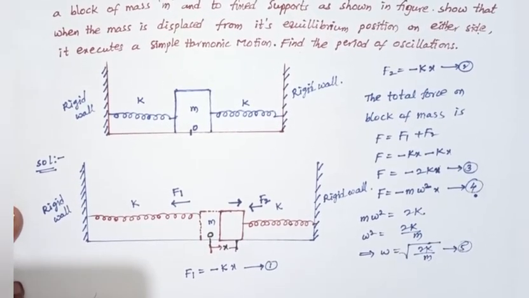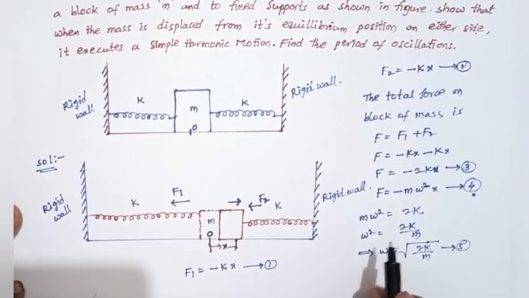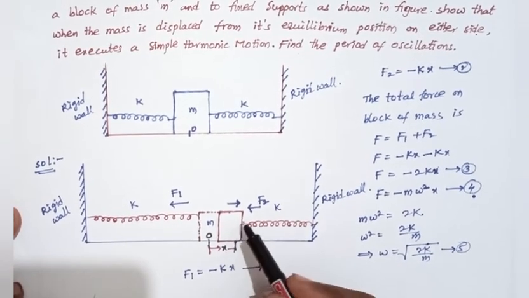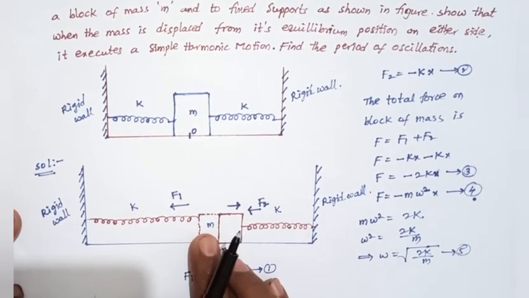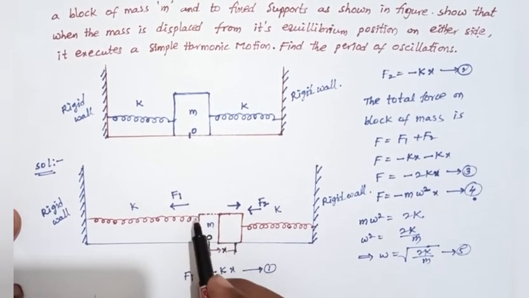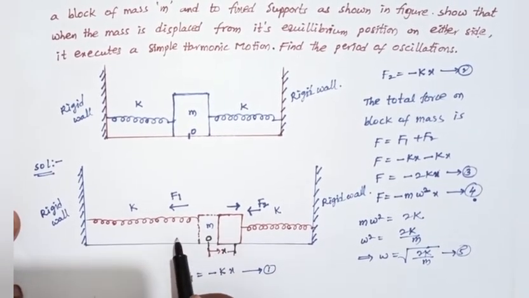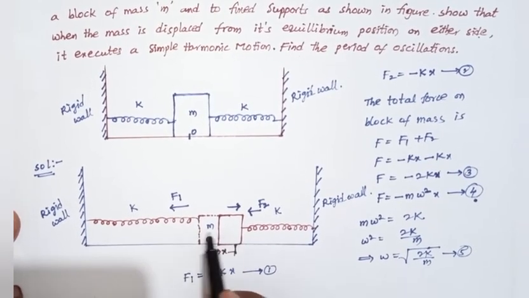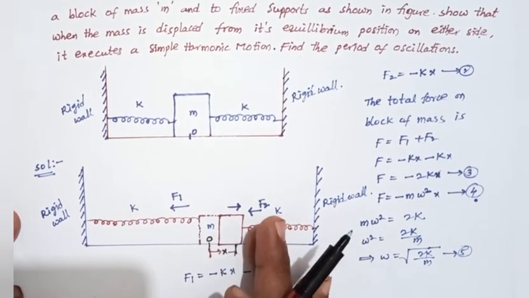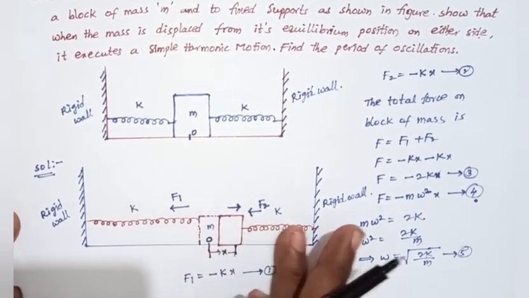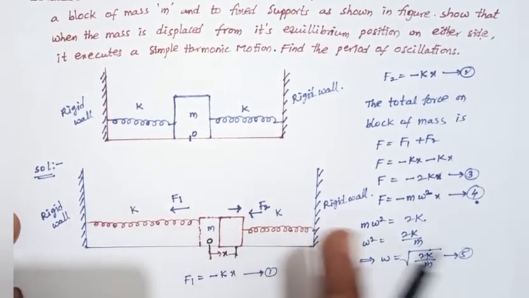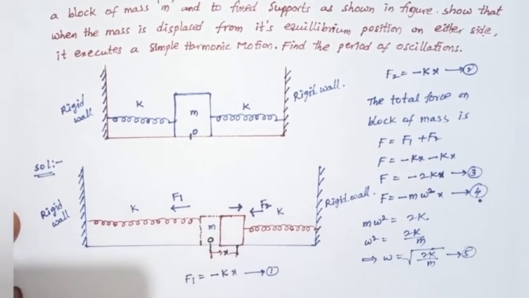So here the body executes simple harmonic motion, because the second spring pushes towards the mean position and the first spring pulls towards the mean position. Again it moves some displacement, again it comes back, and it oscillates in to and fro motion.